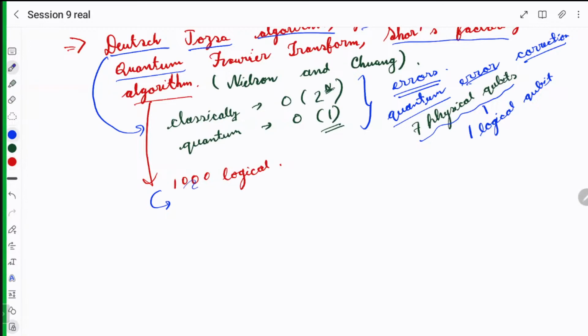Then if you have 1,000 logical qubits, with the best surface codes you would need 1 million physical qubits. And that is something we do not have yet. I think the best ones are of the order of 500 or so, if I'm not wrong.